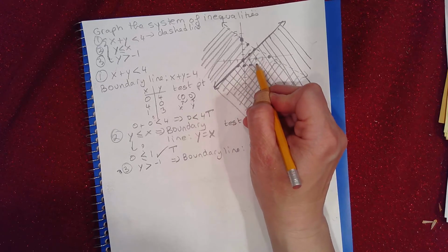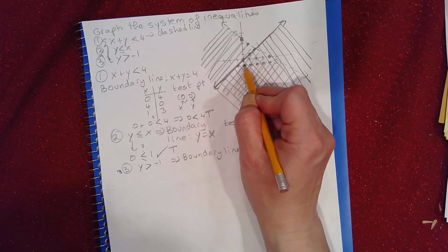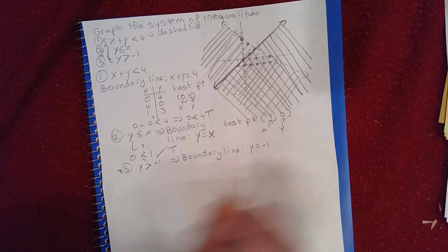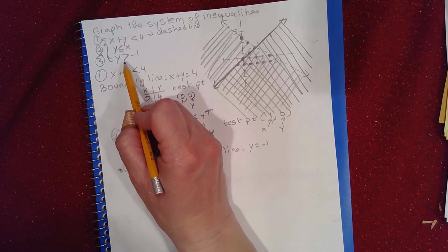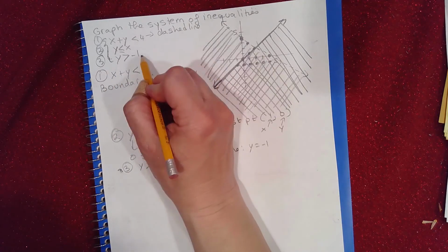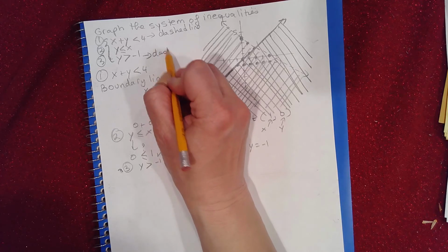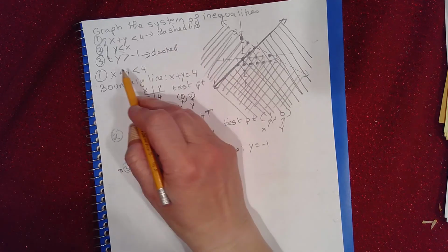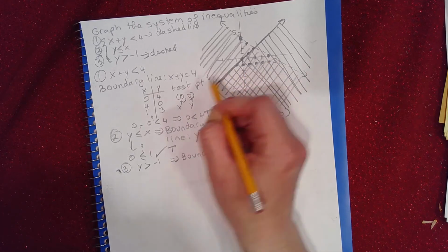When x is 2, y is negative 1, and so on. And y is greater than negative 1, which means the boundary line is not included in the solution, so it's going to be a dashed line.